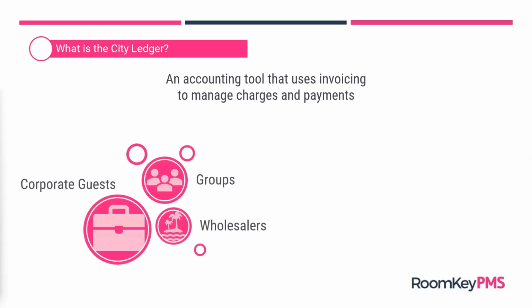So these types of guests could include corporate guests that are staying as part of a corporate account, and they use what's called direct billing to transfer those charges to the City Ledger. You could also have this direct billing set up for groups or wholesalers that are staying at your hotel. So again, from these different types of guests, invoices would be generated.